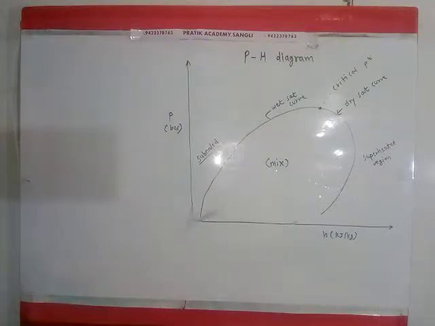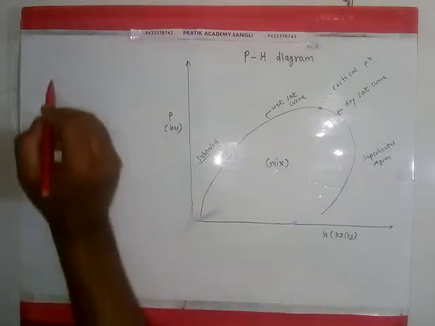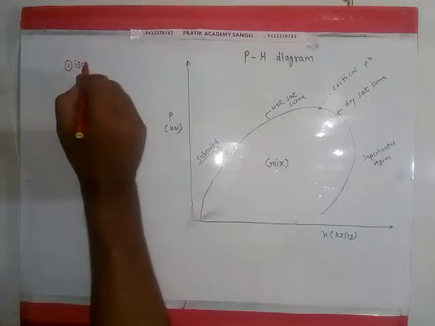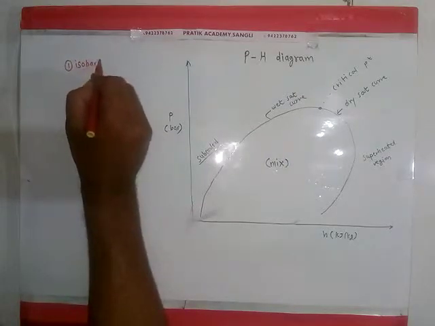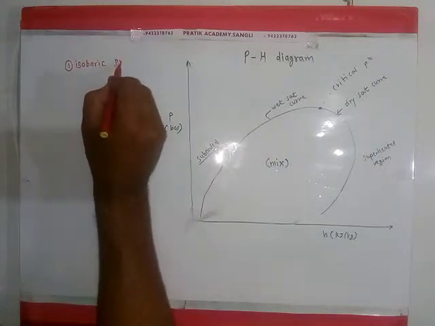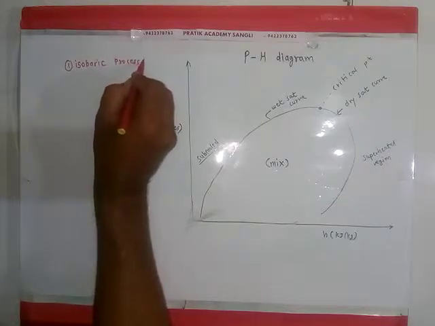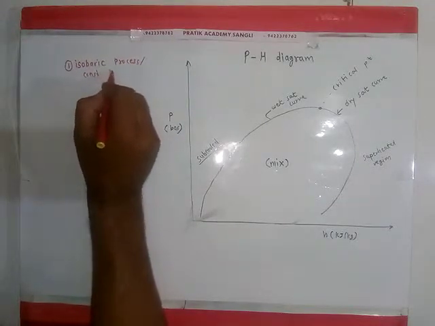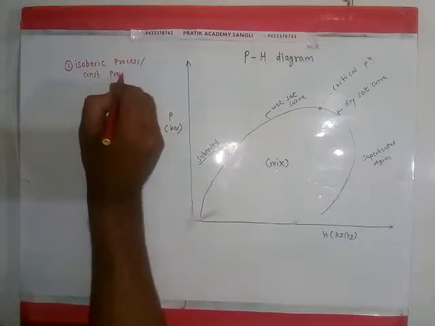Now let's see how to represent some important processes on this pH diagram. The first important process is the isobaric process, or we can call it a constant pressure process.